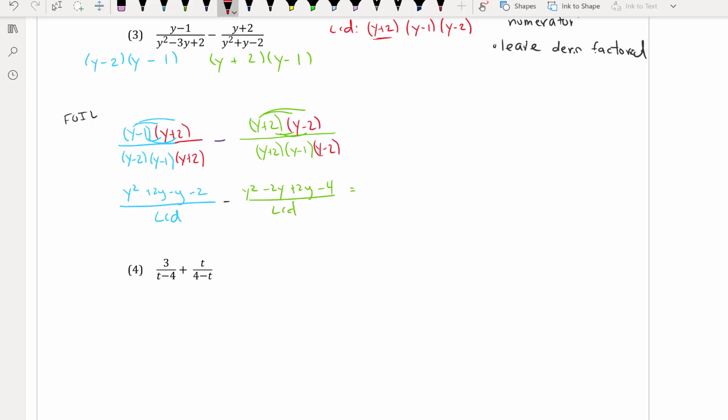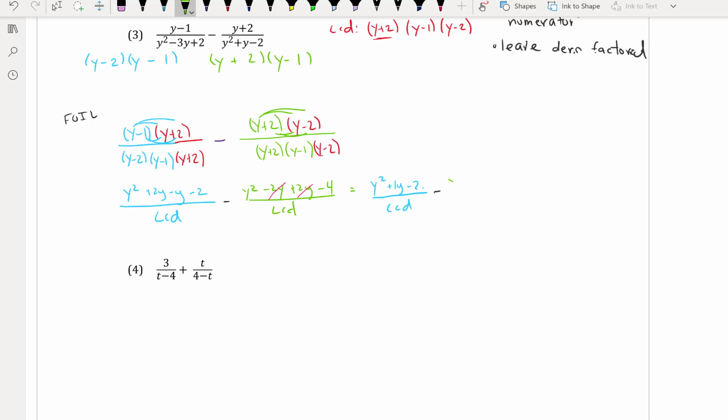So I'm going to see if I can combine anything. So it looks like I have a y squared, and 2y minus y is a positive 1y minus 2 all over my LCD. And it's being subtracted from my green fraction, and I can see in my green fraction that negative 2y and positive 2y, those cancel out.